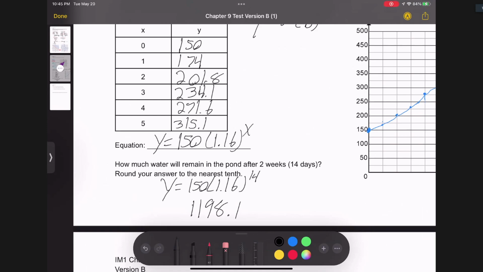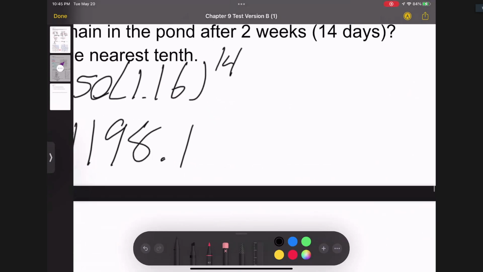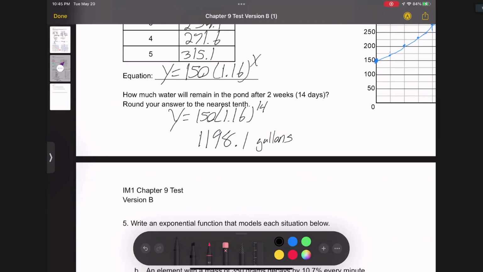This should be my answer. So that is going to be in gallons. I'm rushing too much. I should do a little bit better in my penmanship. So there you go. There's your gallons.